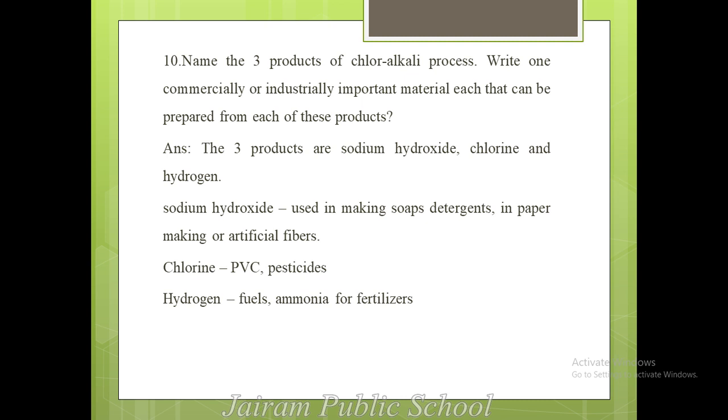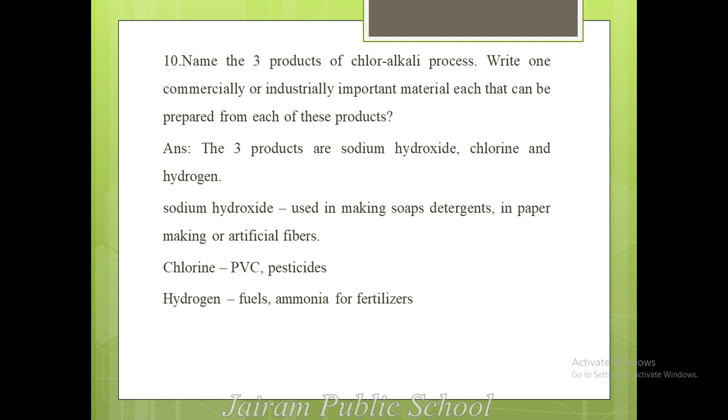Next one is chlorine. It is used for pesticides as well as for preparation of PVC pipes. And next one is hydrogen gas. It is used in fuels, and ammonia for fertilizers. So the chlor-alkali process is one of the applications of common salt, that is sodium hydroxide.